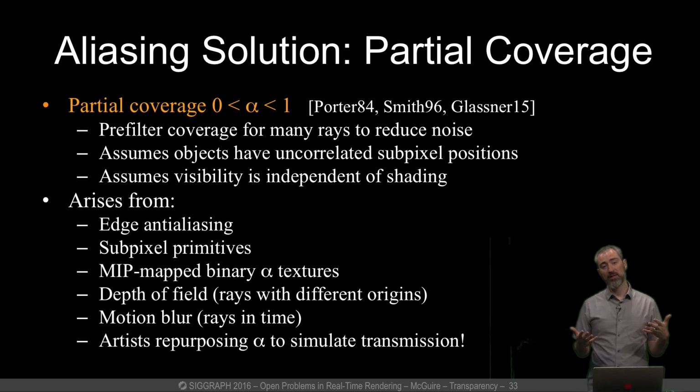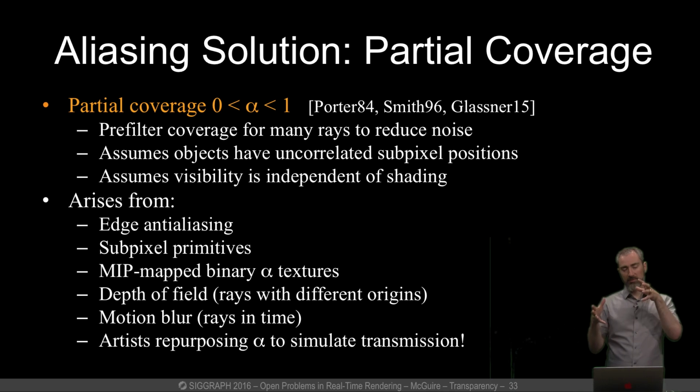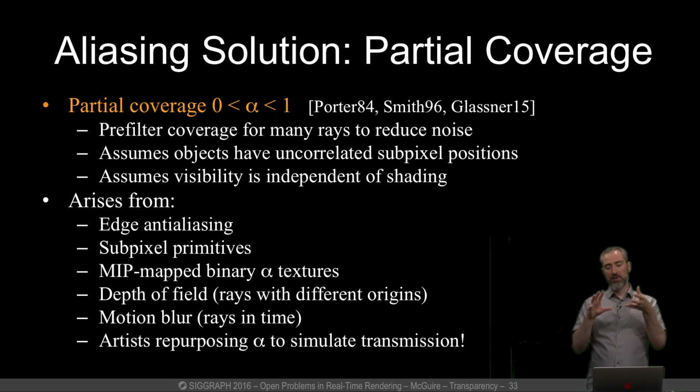As I mentioned at the very beginning, depth of field and motion blur, although these occur due to the mechanics of how cameras work, because of the computer graphics model of the image plane actually being in front of the camera, we get aliasing from rays either moving in time relative to objects for motion blur, or depth of field, where the rays that go through a single sample could have multiple origins because they're hitting different points on the lens.